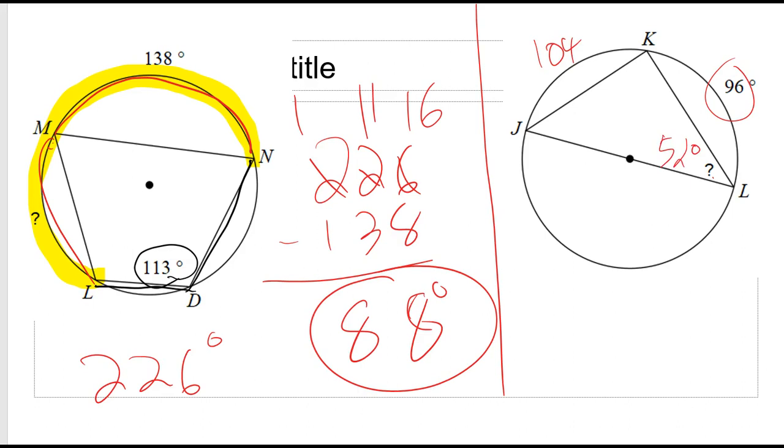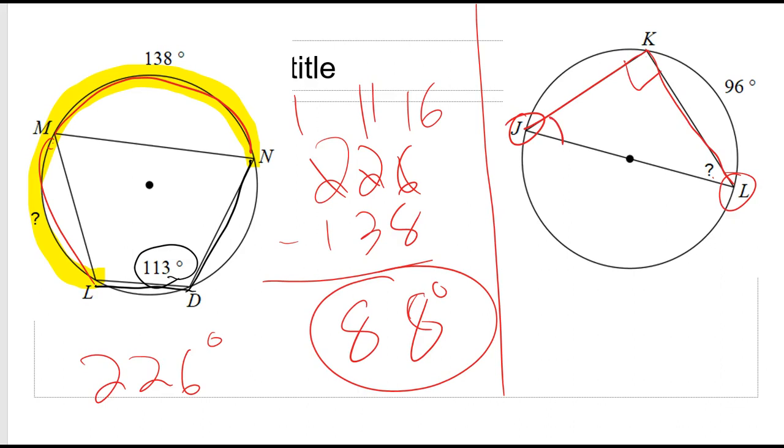If you remember this, I think it was the second slide I went over, I told you that if an inscribed angle's endpoints are on the diameter, that automatically means it's a right angle. Automatically. There's no question. But I got a right angle there. So I can figure out this angle here by taking half of 96.